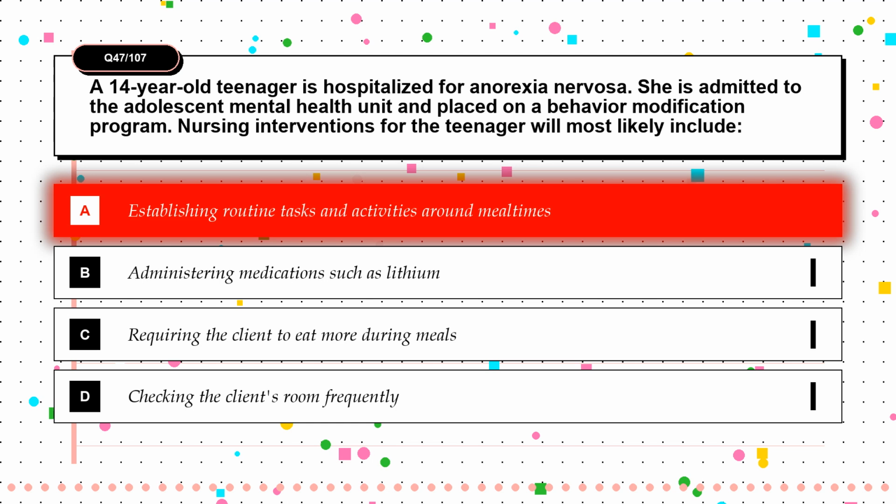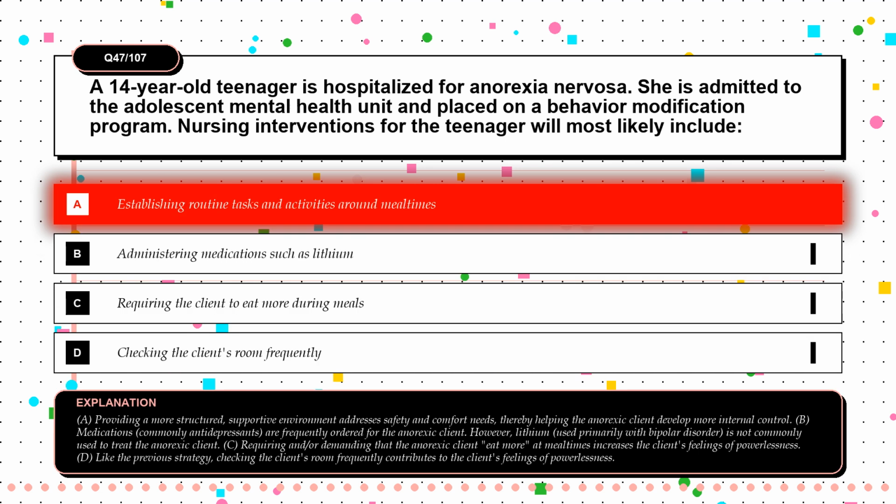The correct answer is option A. Establishing routine tasks and activities around mealtimes. Providing a more structured, supportive environment addresses safety and comfort needs, thereby helping the anorexic client develop more internal control. B. Medications, commonly antidepressants, are frequently ordered for the anorexic client.